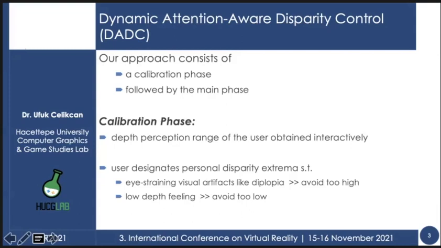In order to capture these limits, the user designates the personal disparity extrema so that the disparity is not too high in order to avoid eye-straining visual artifacts like diplopia, or too low, resulting in low unsatisfactory depth field. This is performed only once per user before starting the interactive stage, during which the main phase takes place.